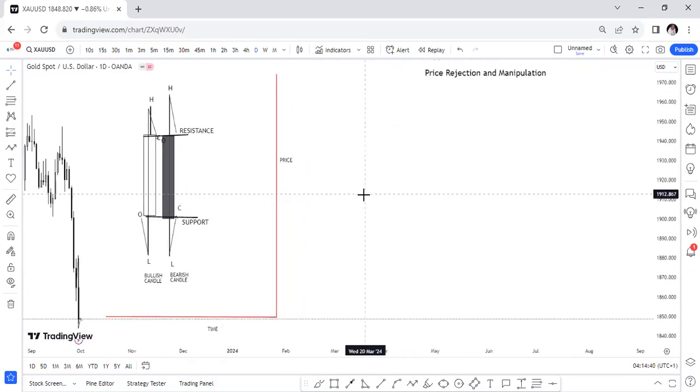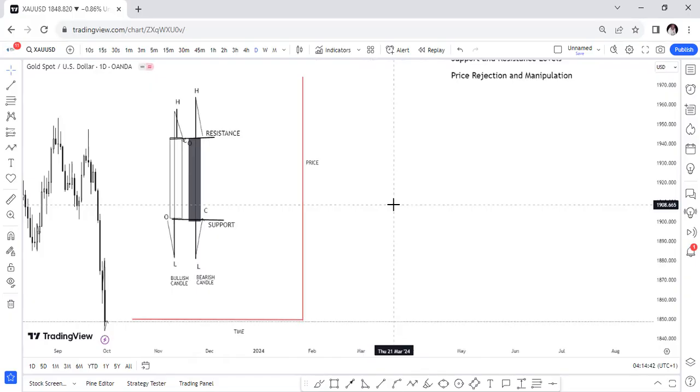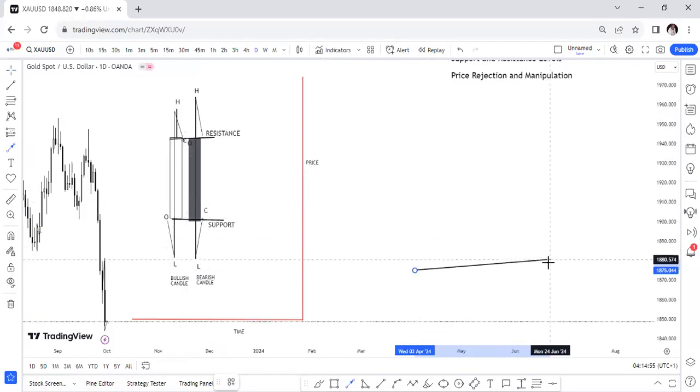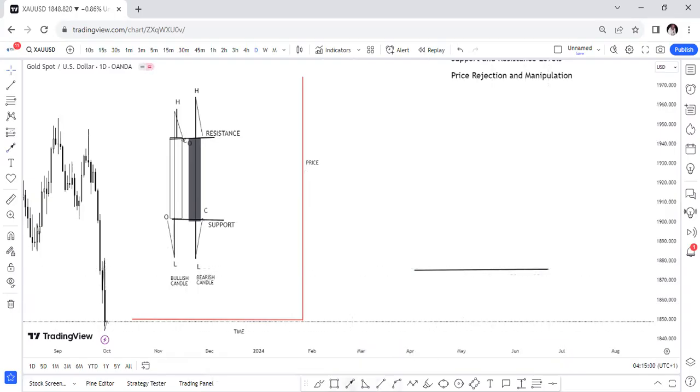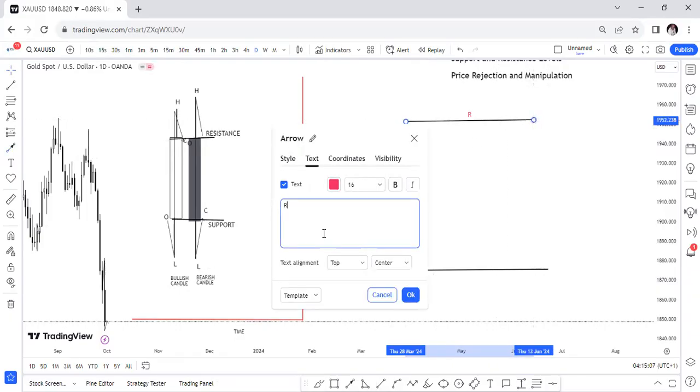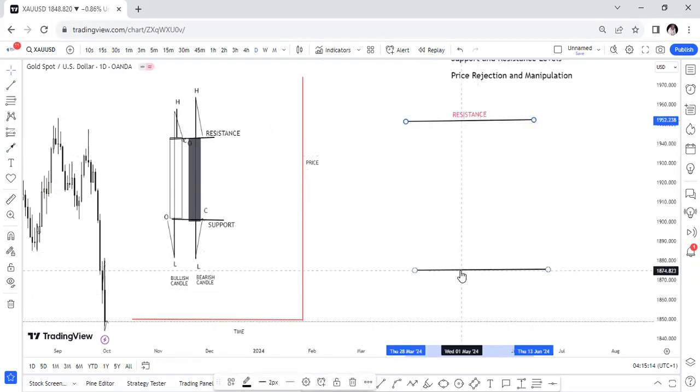Then price rejection. When we talk about price rejection, if this is the support level, that's the floor or the bottom of the market, and this is the upper boundary, this is the resistance.